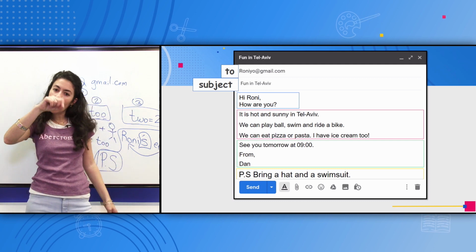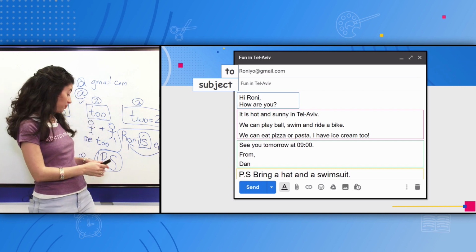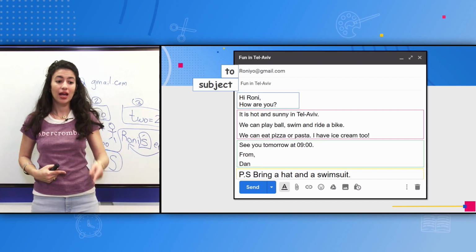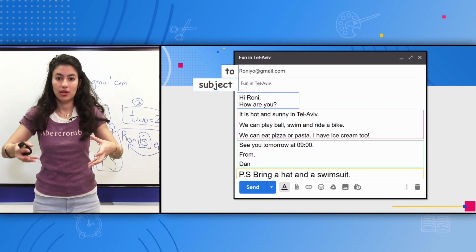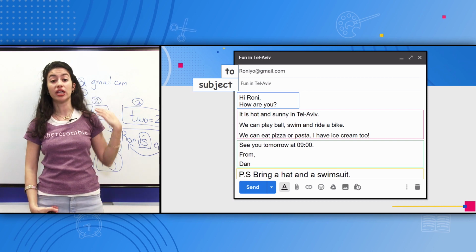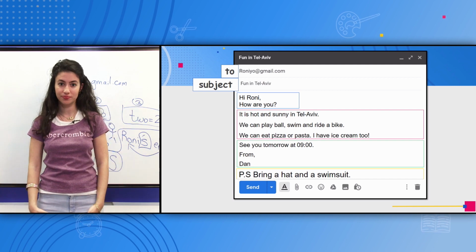I wanted to write another thing. And then I write P.S., after I finished writing. Bring a hat and a swimsuit. Remember what is a swimsuit? If I swim, I need a swimsuit.